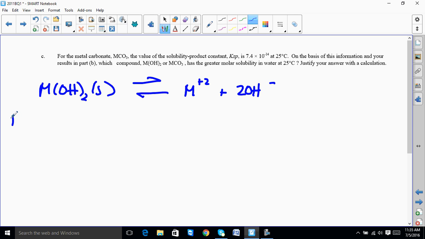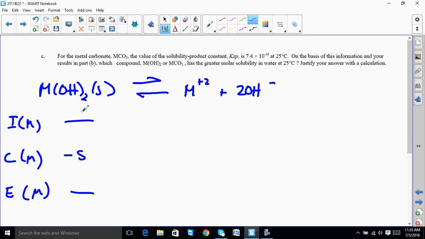And now I'm going to do my ICE chart. I can't even tell you how important it is that you understand this. This is a solid, so negative S, where S is solubility. Because what this equation means is the left side is the undissolved side, and the right side is the dissolved side.